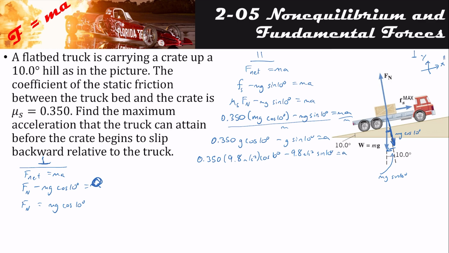And run that through the calculator, and we get 1.68 meters per second squared. So that is the acceleration the truck can have going up the hill without losing its load.